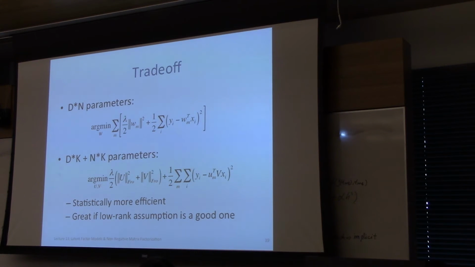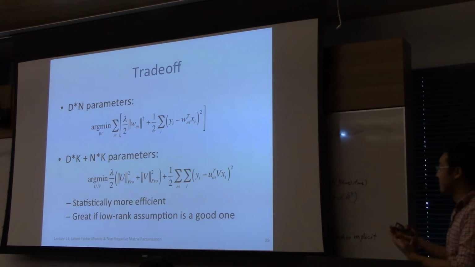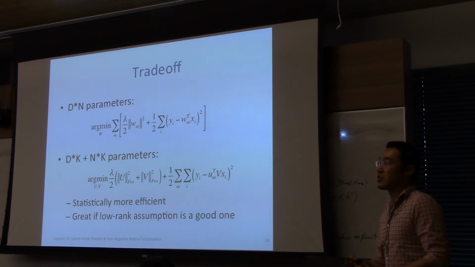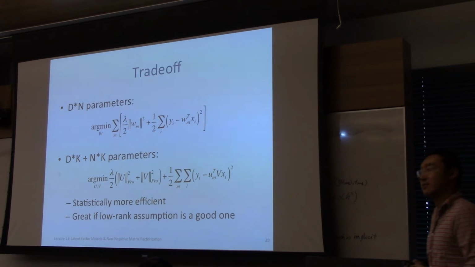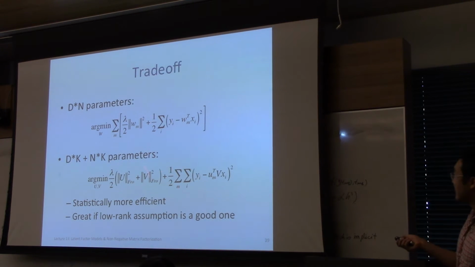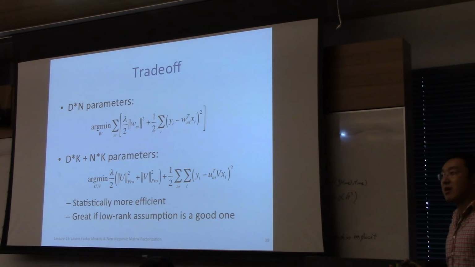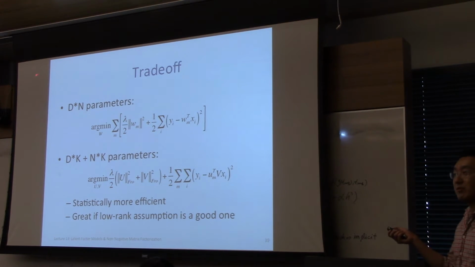So why is this good? Well, the whole premise of multitask learning is that if we assume that the different tasks, in this case different users, are somehow related to each other, then we should be able to share data between them in order to learn a more reliable model if we have very little training data per task. So it is statistically more efficient to estimate these fewer parameters reliably than to estimate these many parameters reliably.